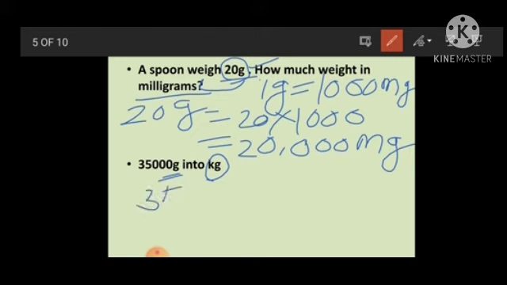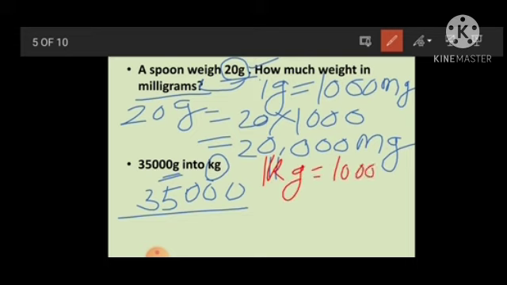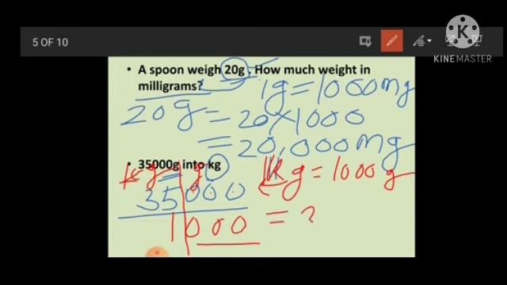So 35,000 divided by, 1 kilogram is how many gram? 1000 gram. So divided by 1000. How many 0 in 1000? 3 zeros. So we will come to the right hand side, 1, 2, 3. I told you in the morning, this is kilogram and this is gram. So how many kilogram? 35 kilogram.